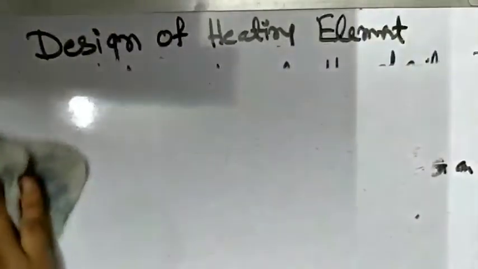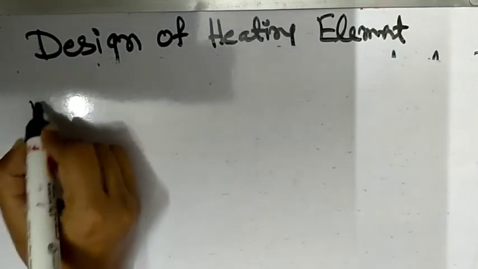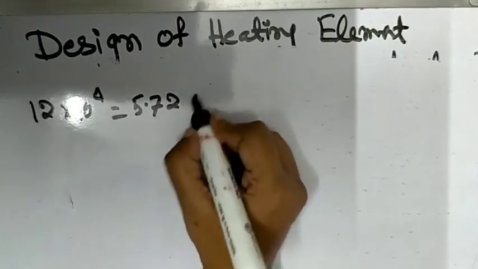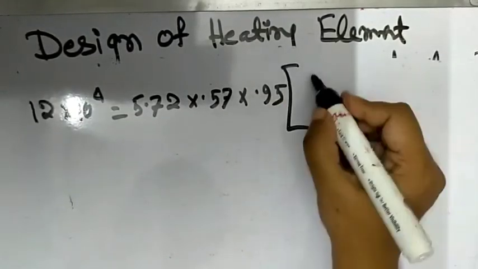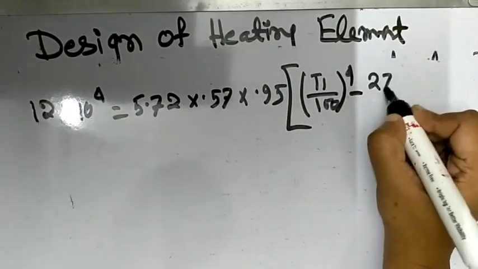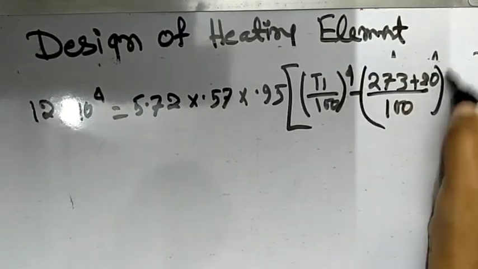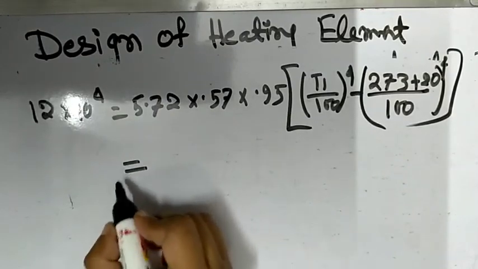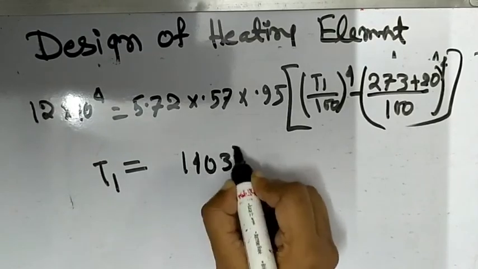So we can write 12 into 10 to the power 4 is equal to 5.72 into 0.57 into 0.95 into (T1 by 100) to the power 4 minus (273 plus 20 by 100) to the power 4, T2 being given as 20 degrees centigrade, which gives T1 equal to 1403 degree Kelvin.